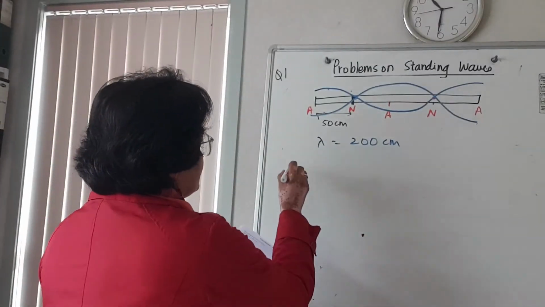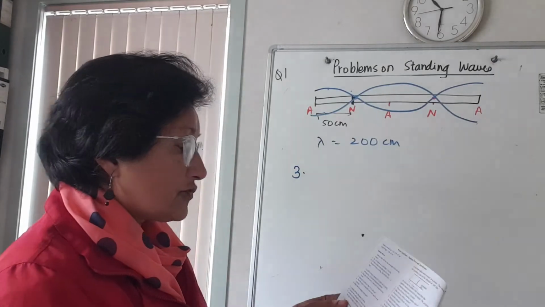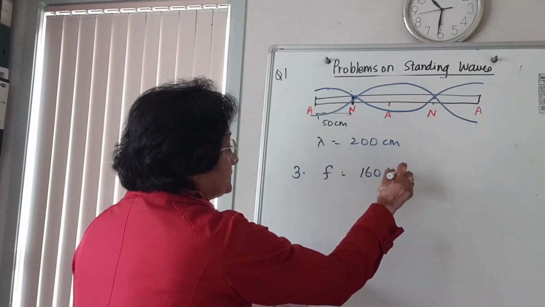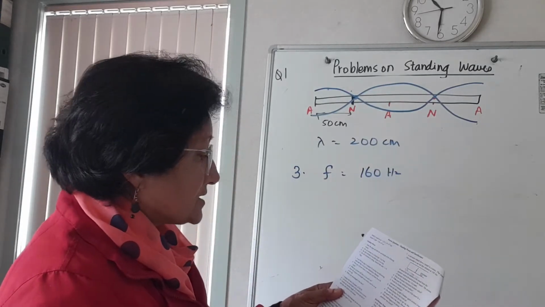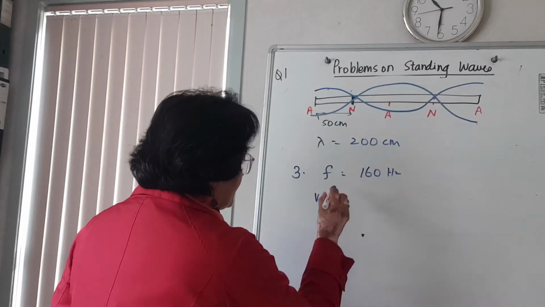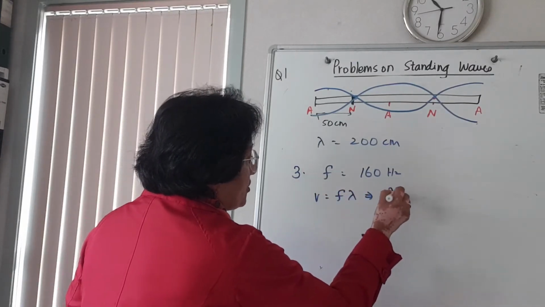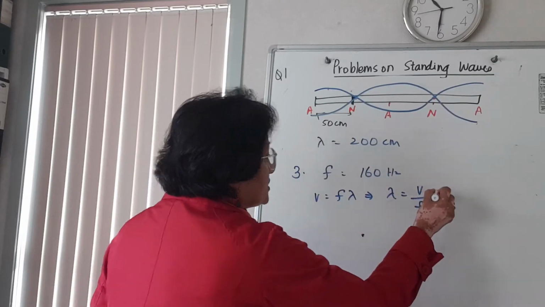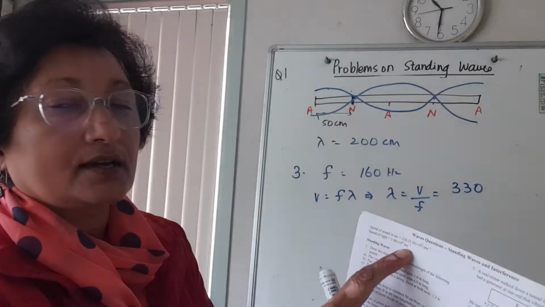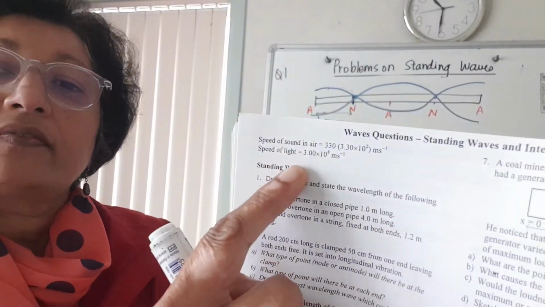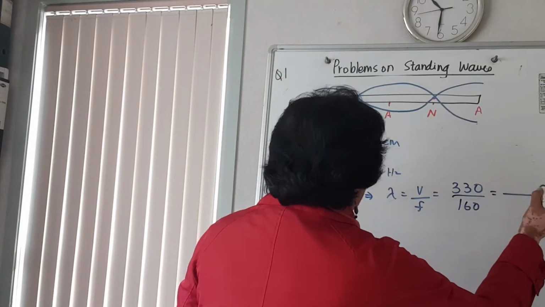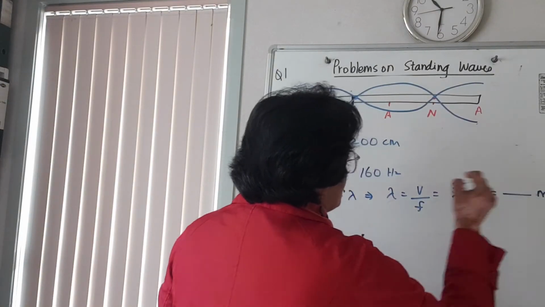And then question 3 is a tuning fork has a frequency of 160 hertz. It says calculate the wavelength of the sound it creates. So v is equal to f lambda, or wavelength is v over f. So you just go 330, which is given at the top as the speed of sound in air, divided by 160, and you get your answer in meters, which is the wavelength.